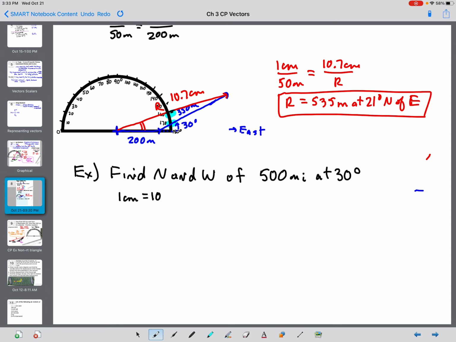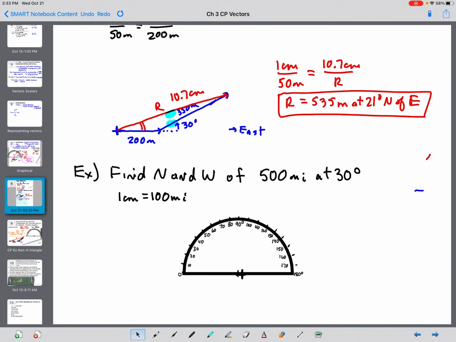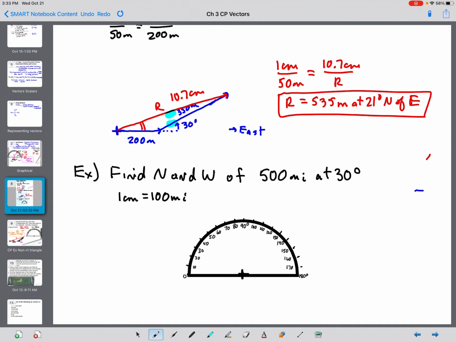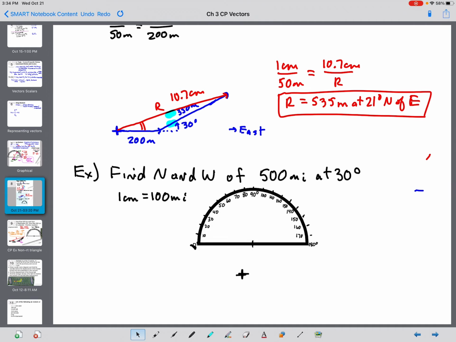I'll go 1 centimeter equals 100 miles. So then I'm going to need a 5 centimeter line. I'm going to draw my starting point. I'm going to pull my protractor down, and I'm going to measure that 30 degrees from west. So then 30 degrees would be right there.